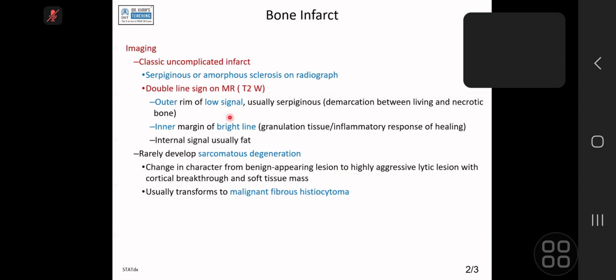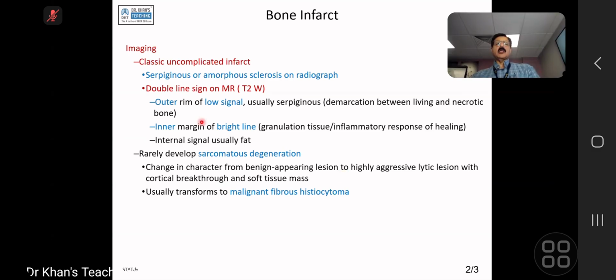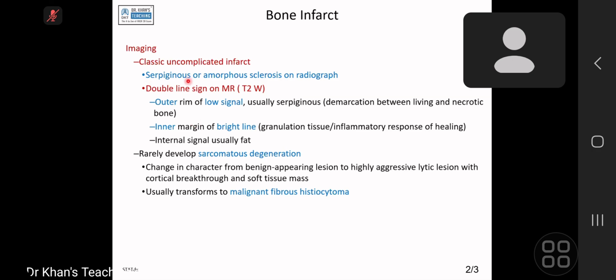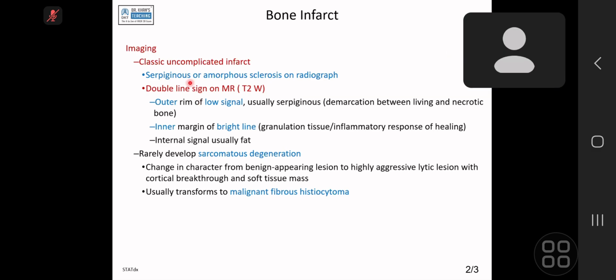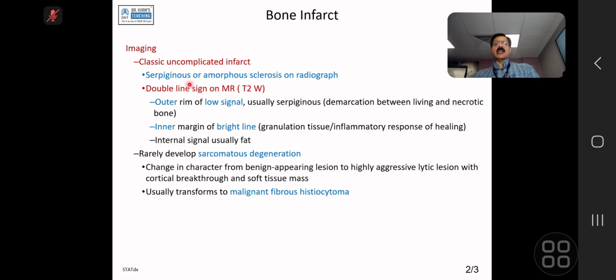Now, this is a Viva question, so you have to have a clear-cut idea about this. And this calcification is a Viva scenario: calcification on a plain film and double line sign on an MR T2 weighted sequence. So, bone infarct will show calcification, and this calcification is so dense that it is denser than the bone, so it projects, and this is usually serpiginous calcification, and sometimes it can be amorphous sclerotic calcification.